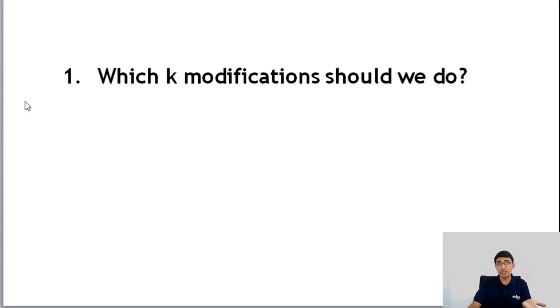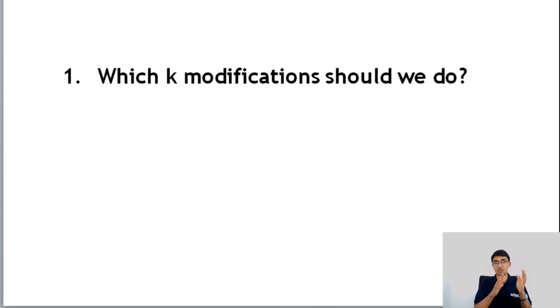Today over here we had 5 possible modifications, but really, which are the k modifications that we should do? If we had 10, which 10 modifications should we be doing? This is for you to think about. The best thing to do is pick one element and attack it, because again, this is product.